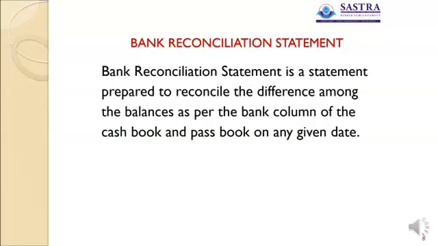Suppose a cash book is balanced at the end of the month. That cash book's balance at the end of a particular month should be compared with that month's statement sent by the bank. Suppose a bank statement is sent for January 2019, and the cash book prepared is for January 2019.